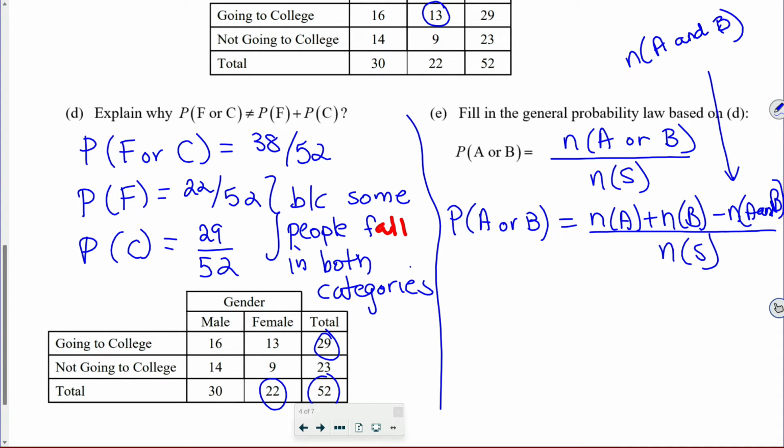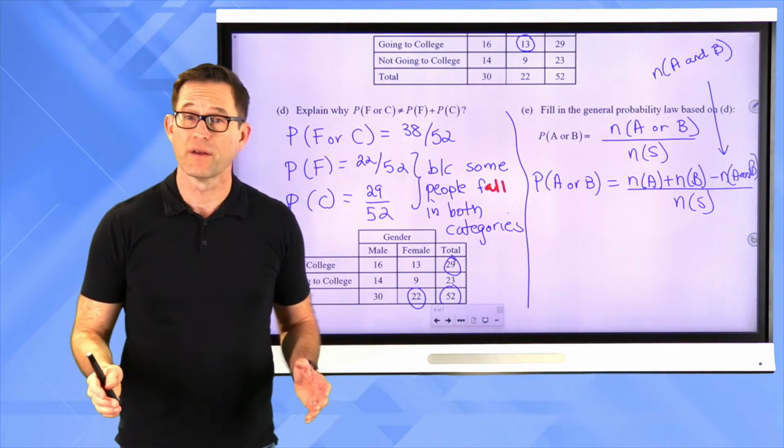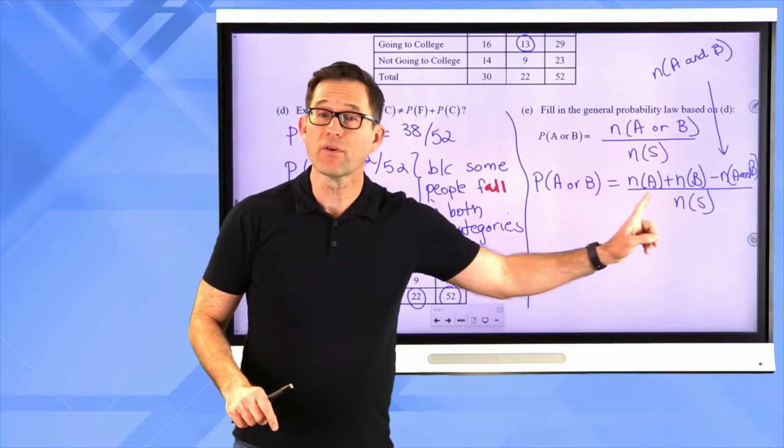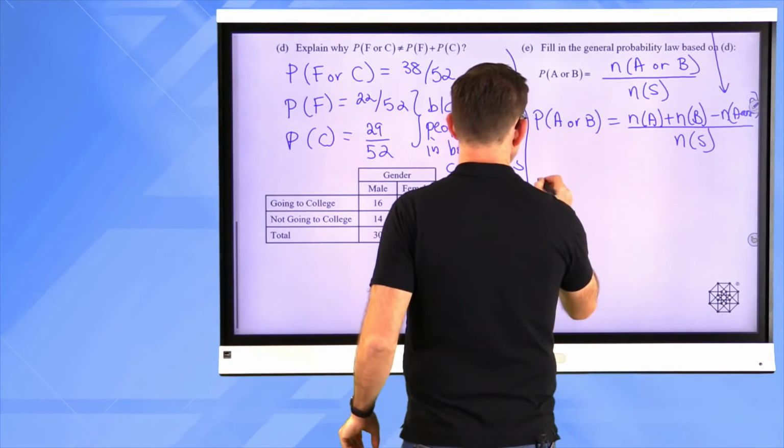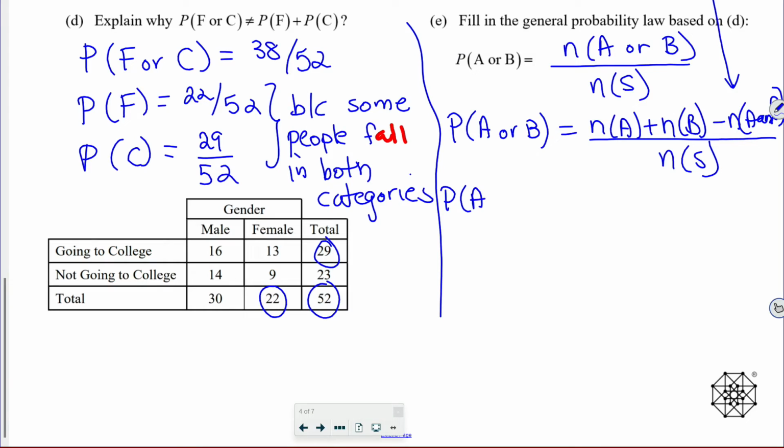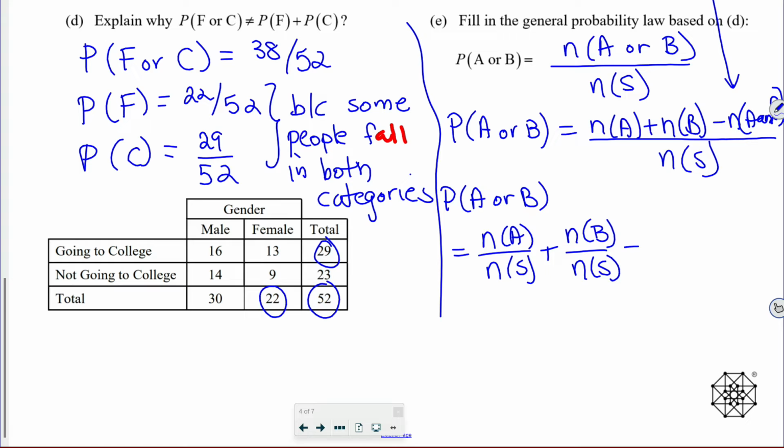So that was that formula that we just developed on count. But we can divide everything by this n of s. Specifically now, we can say that the probability of A or B is equal to n of A divided by n of s plus n of B divided by n of s minus n of A and B divided by n of s.